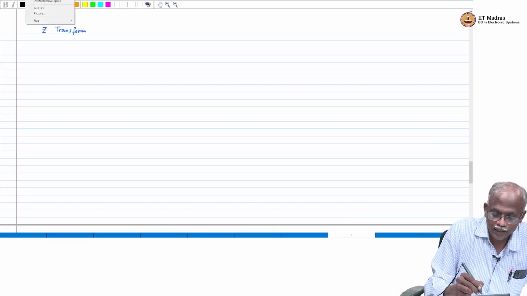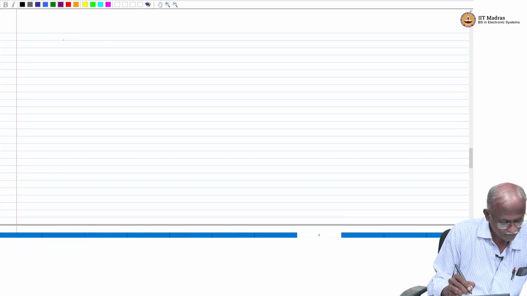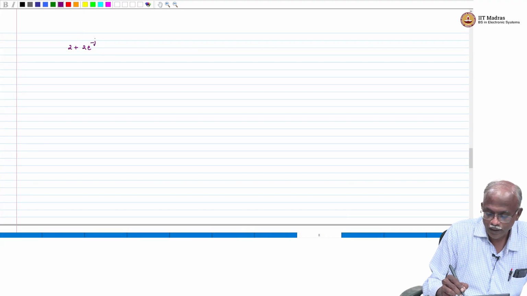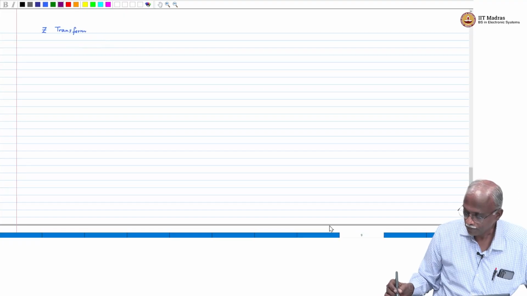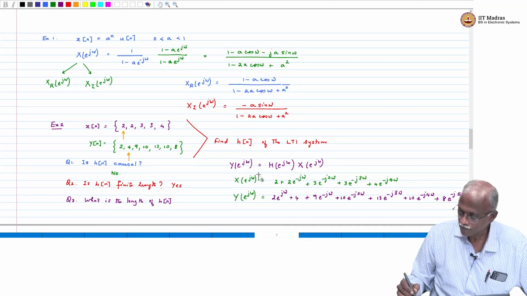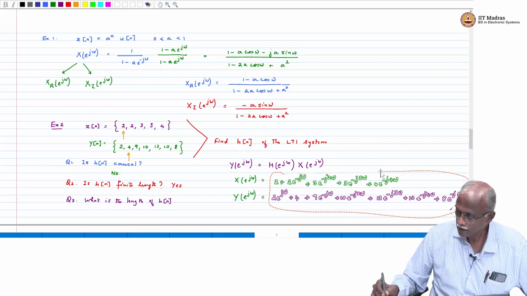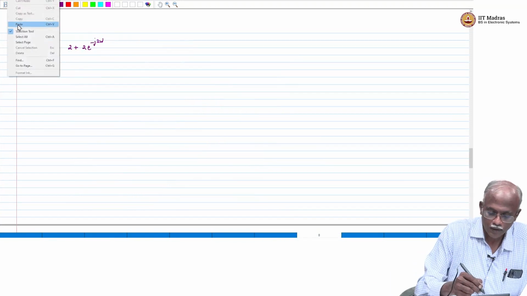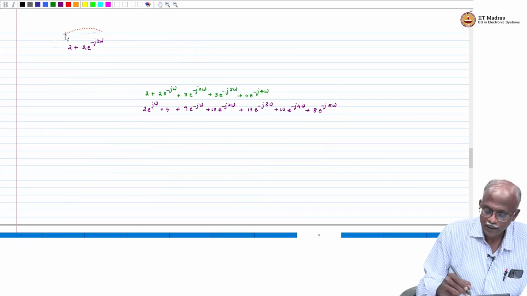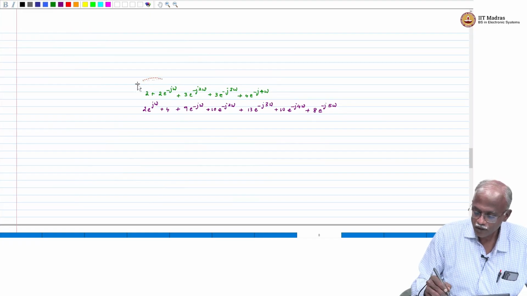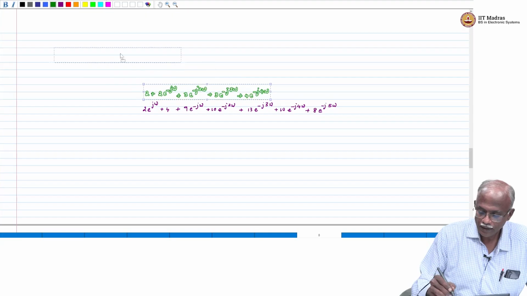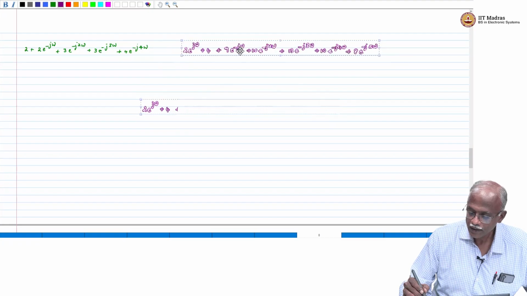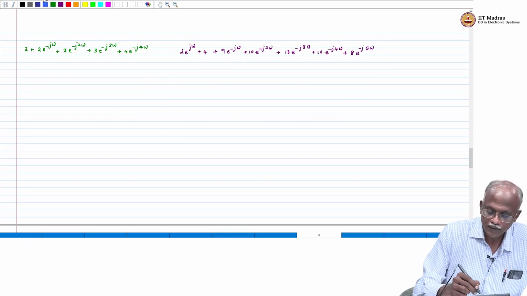For this I would like you to do the following long division. I am sure you are familiar with algebraic long division. 2 plus 2 e power minus j 2 omega, maybe I will just copy it from the previous page. This is my divisor, this is my dividend, I have to divide this.